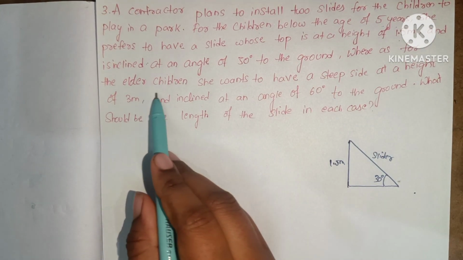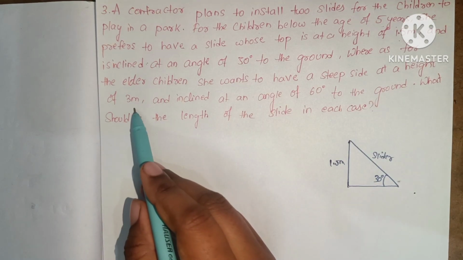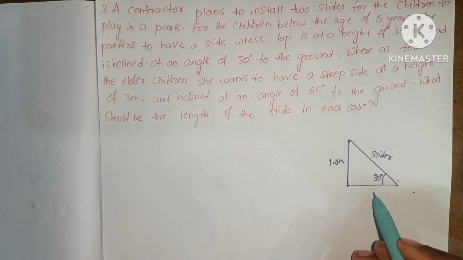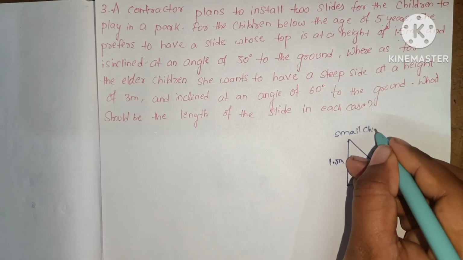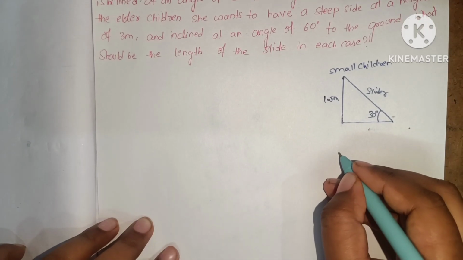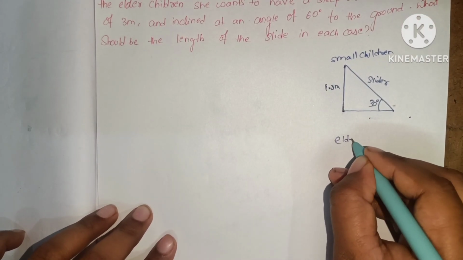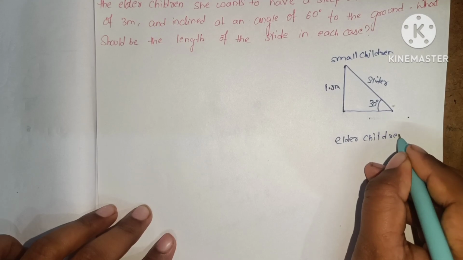Whereas for the elder children she wants a steep slide at a height of 3 meters. The first one is for the small children below 5 years. Here it is for elder children. Again she planned another slider.